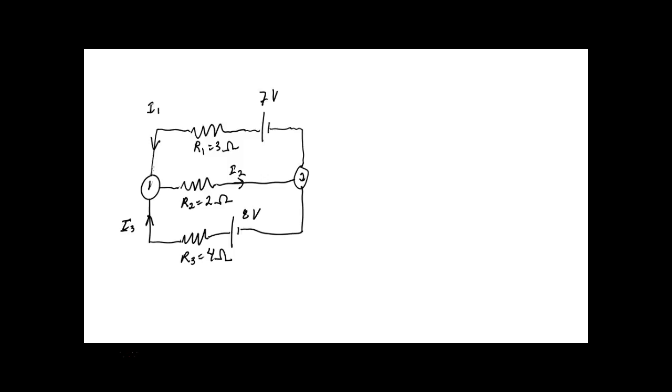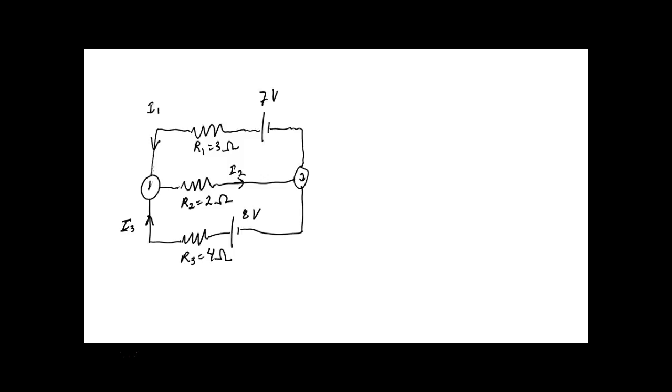And here's why. This battery is pumping current that way. This one's pumping current that way. So these two have to be, or you would think had to be, that way. So this one, since you got 2 coming in, you better have 1 going out. So I would say this is probably the correct orientation of your currents.